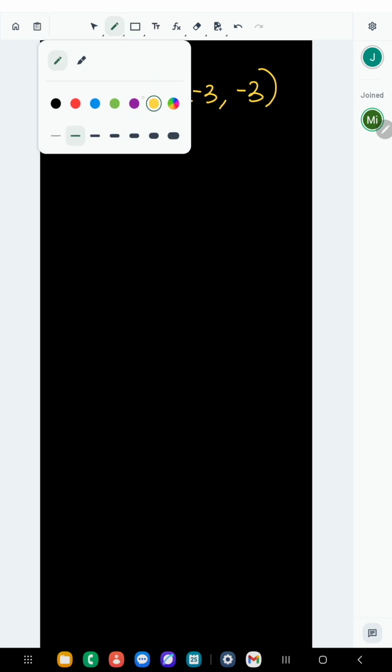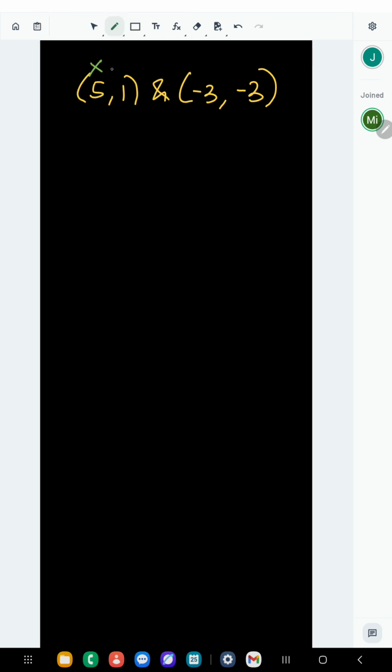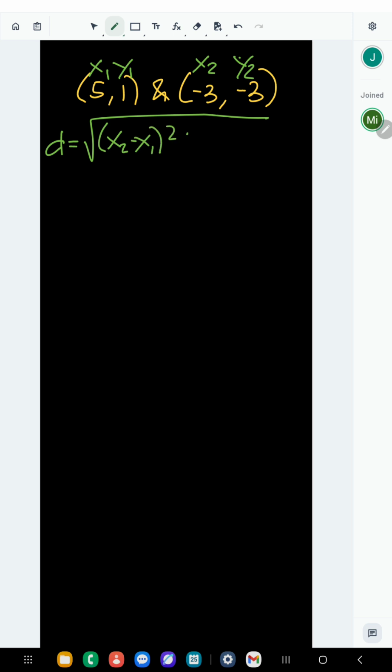Number 10, the same is distance. Find the distance. So that one, let's say that one is x sub 1, y sub 1, x sub 2, y sub 2. So distance is equal to the square root of x sub 2 minus x sub 1 squared plus y sub 2 minus y sub 1 squared. Then we plug in everything.